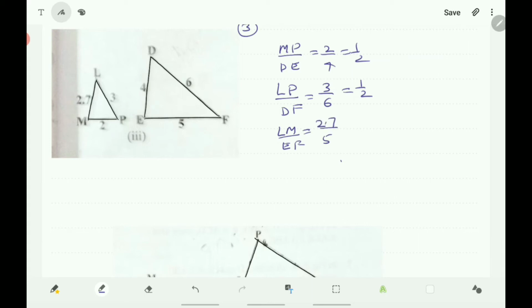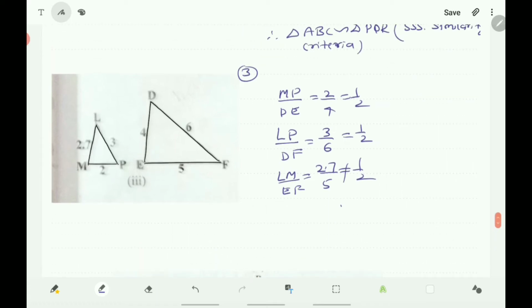It is not equal to 1 by 2. Therefore, you can say that triangle LMP and triangle DEF are not similar. Not similar.